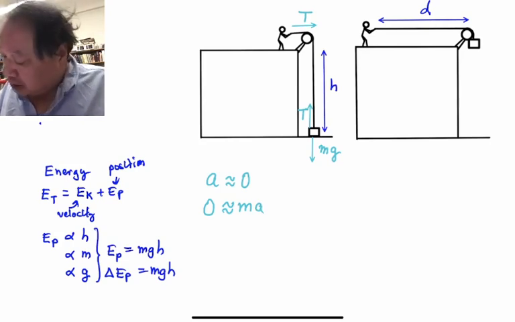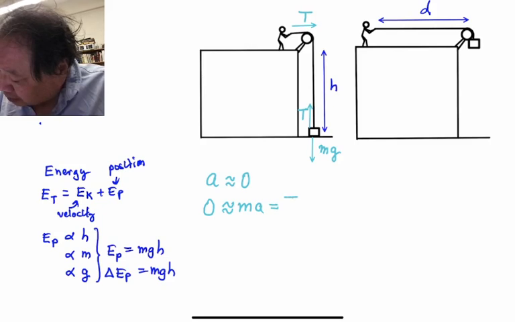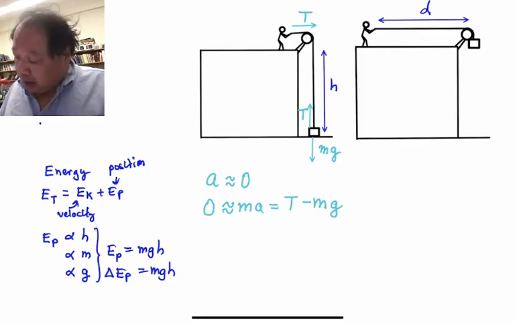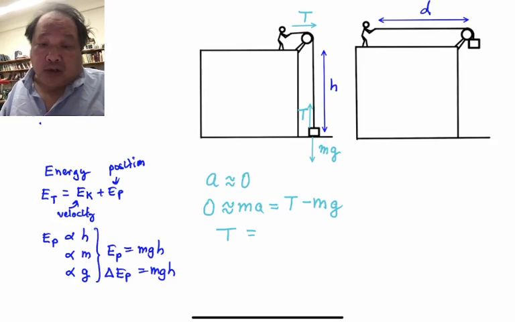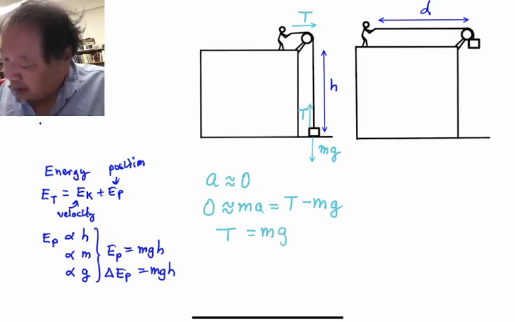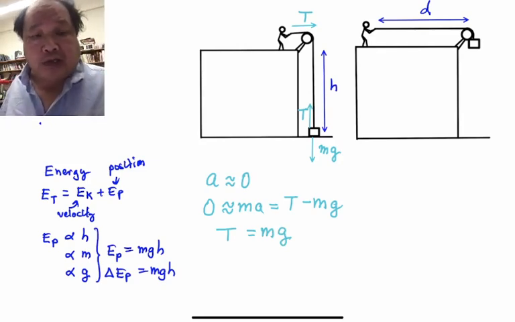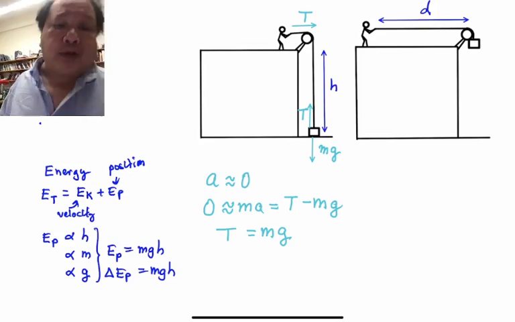And by Newton's second law, ma is the sum of the forces, which is T minus mg for the free body. We see then that in the case that acceleration is very small, T equals mg.